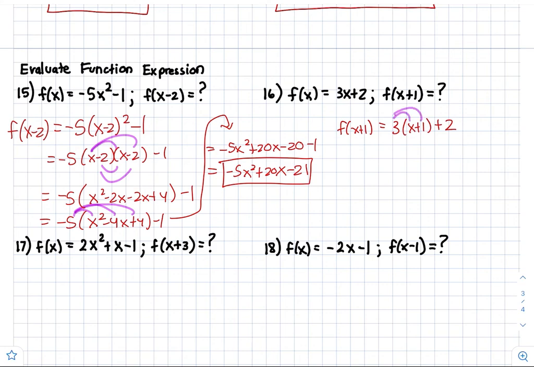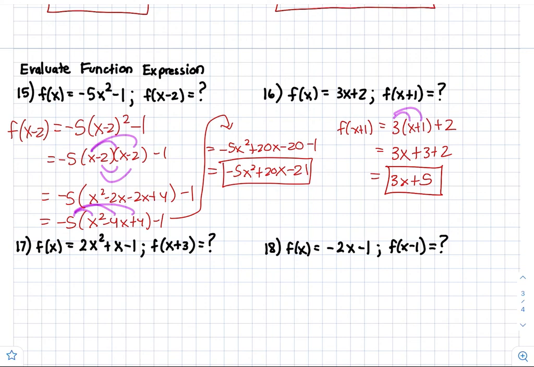Distribute. 3 times x is 3x, 3 times 1 is 3, plus 2. Combine like terms: 3x plus 5. So we're just substituting our new function into the original function.